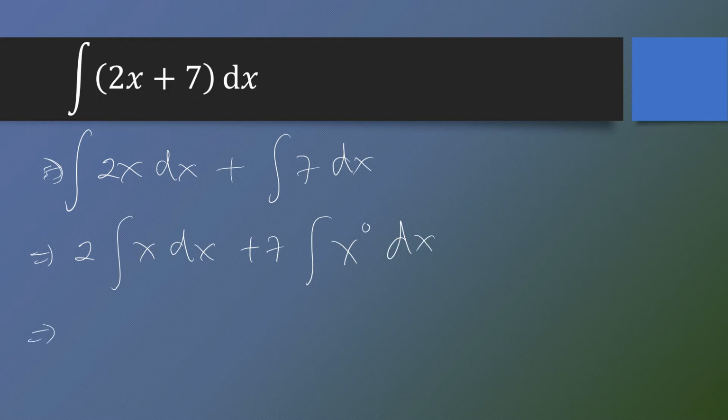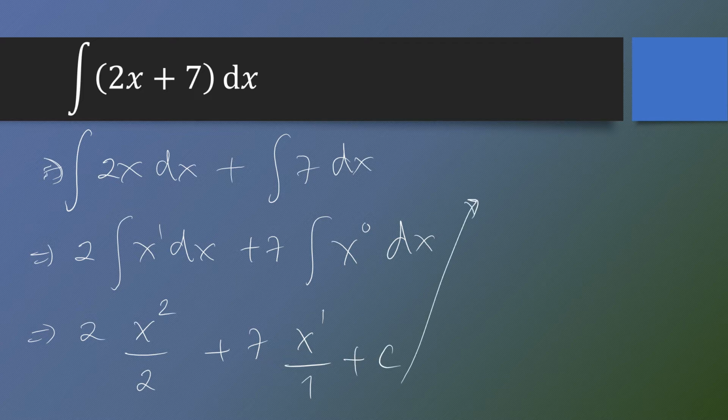Now we can use the power rule, just adding 1 to the exponent and writing it in the denominator. So 1 plus 1, we get 2, and write it in the denominator. Same with this power, adding 1, so we get x to the power of 1 divided by 1, plus c.